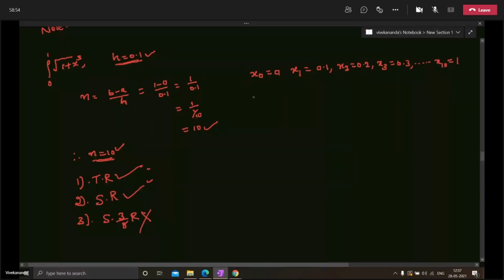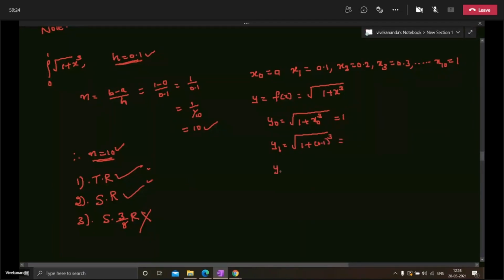Similarly, we have to find out y0 and all of them. y is equal to what? y is equal to f of x, which is equal to root of 1 plus x cube. So y0, root of 1 plus x0 cube. x0 is 0, so y0 becomes 1. Similarly, y1 equals root of 1 plus 0.1 whole cube. Find it out.